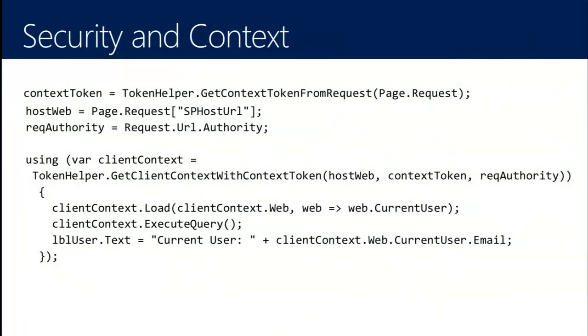If you're not having to call back into SharePoint, then it doesn't matter a whole lot. But the token helper is what establishes that context and allows you to do the callbacks into SharePoint. In this case, we do the get current context to establish that, and then we have to do the client context load and then the execute query to get the different loaded objects that we're querying for.